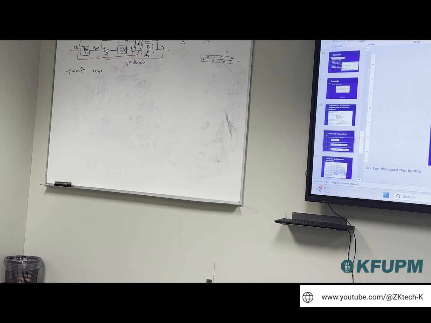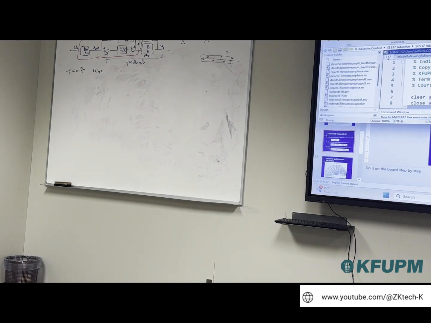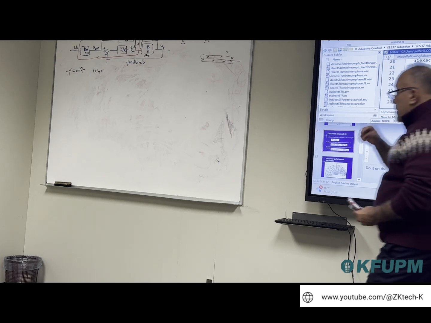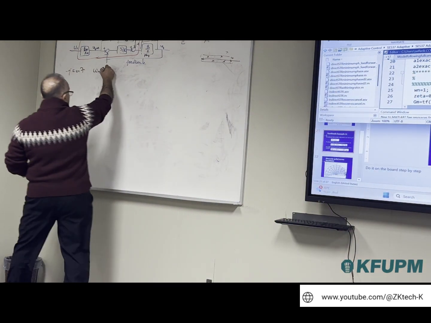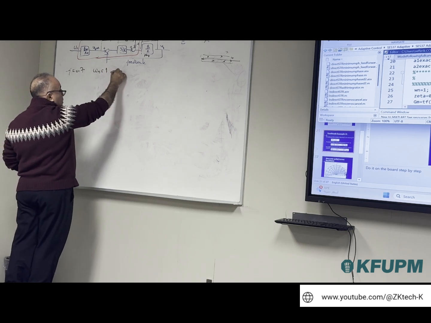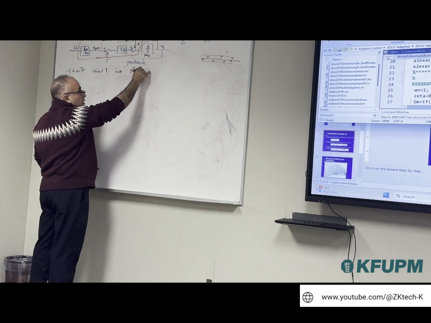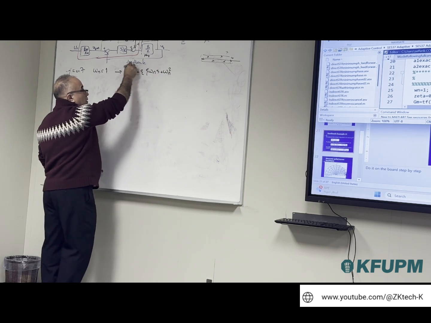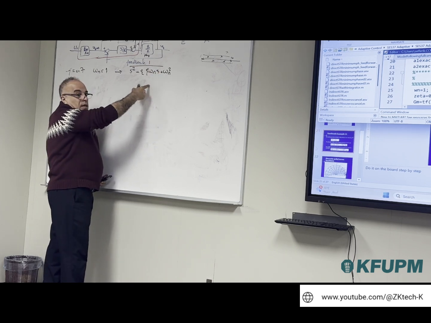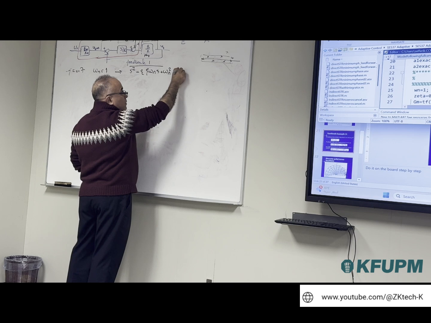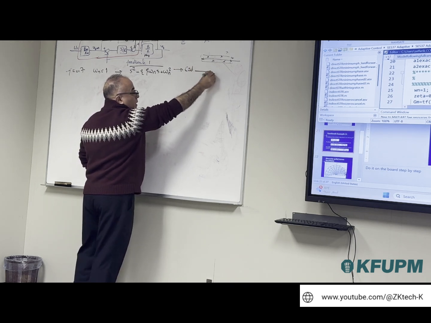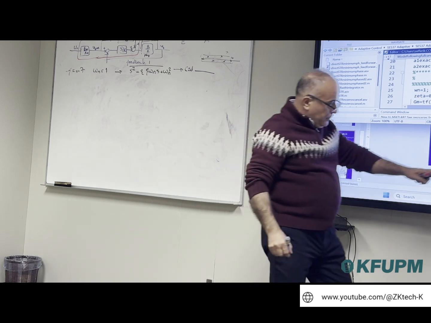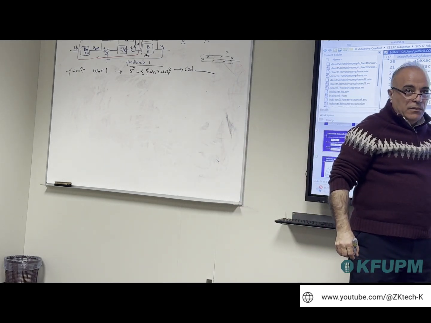The value of Wn is equal to 1. Okay, this is the value of the requirement. So from here I can compute s squared plus 2 zeta omega n s plus omega n squared. I can assume this is my BM over AM continuous. I convert it to discrete, and I will get the value of BM that is shown here. The value of AM that we showed here.